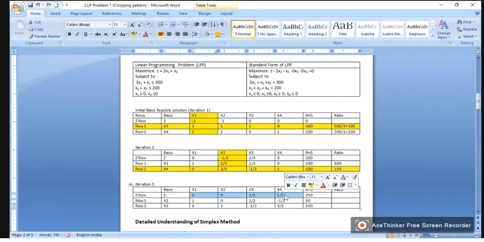What you have to understand is this one. For a maximization problem, if all the coefficients do not have a negative coefficient, then the optimality is reached. So you can see there are no negative coefficients here. So we say that the optimality is reached.